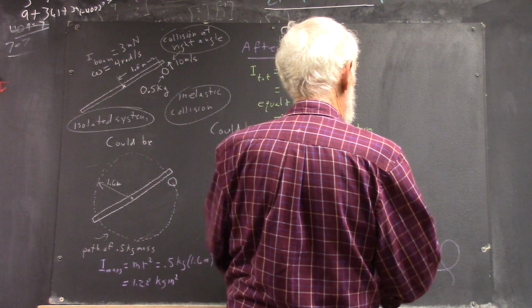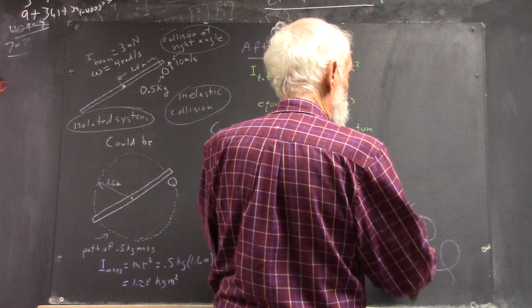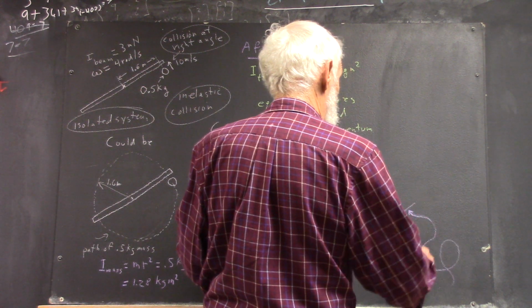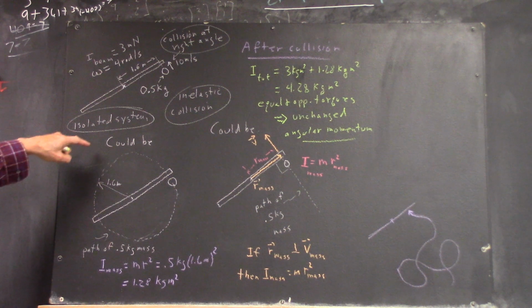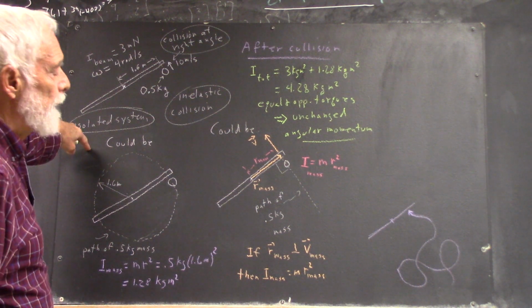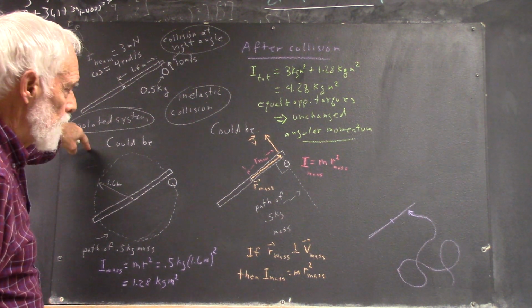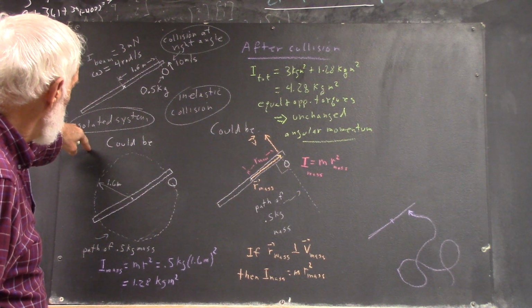So we could have this representing the beam, this representing the path of the mass. Didn't trace that very well. Now, more specifically, there are two paths that we want to consider.